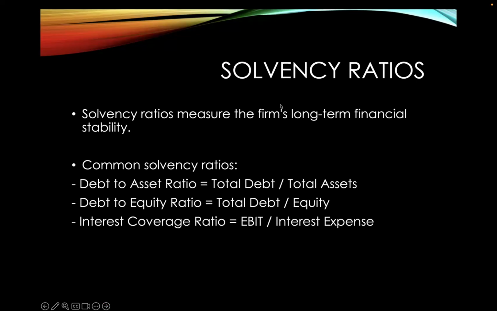Let's look at the next set of ratios. It's called solvency ratios. Solvency ratios measure the firm's long-term financial stability, or in other words, solvency is the ability of the entity to pay its long-term obligations. Some common solvency ratios are debt to assets, that's total debt over total assets.